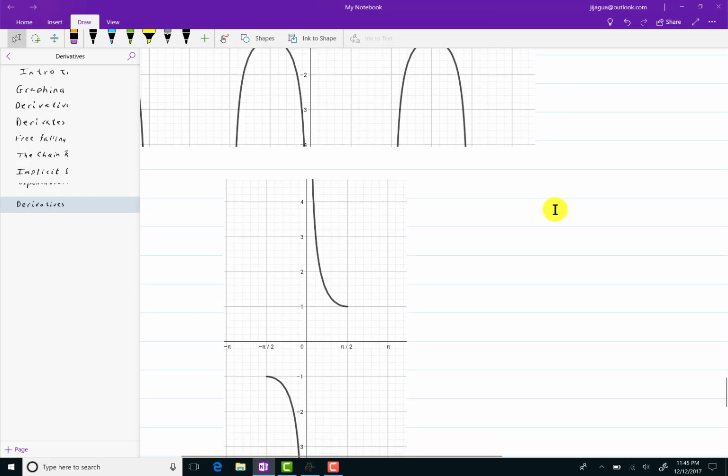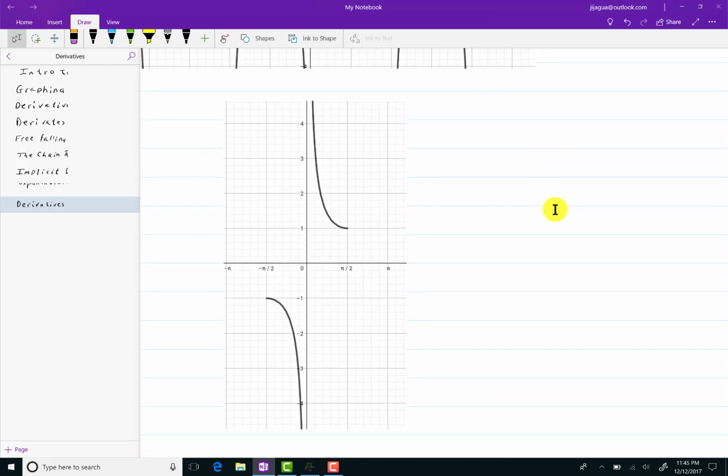Going down here, we break it up into pieces, and this is the function I'm going to work with. So I'm going to define f of x equal to cosecant of x as being the function displayed here. It's basically that I take cosecant and I limit the domain from negative pi over 2 to 0, union 0 to pi over 2. So let's write this stuff down. My domain is negative pi over 2, including that, to 0, but not including 0, union 0 to positive pi over 2.